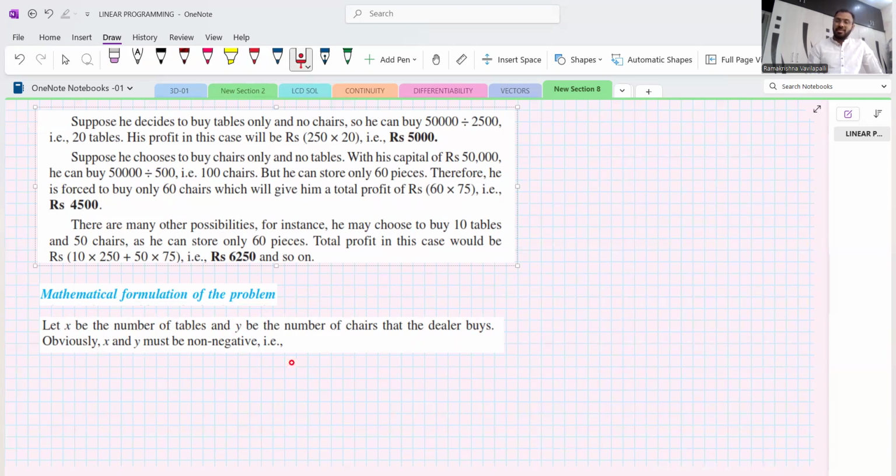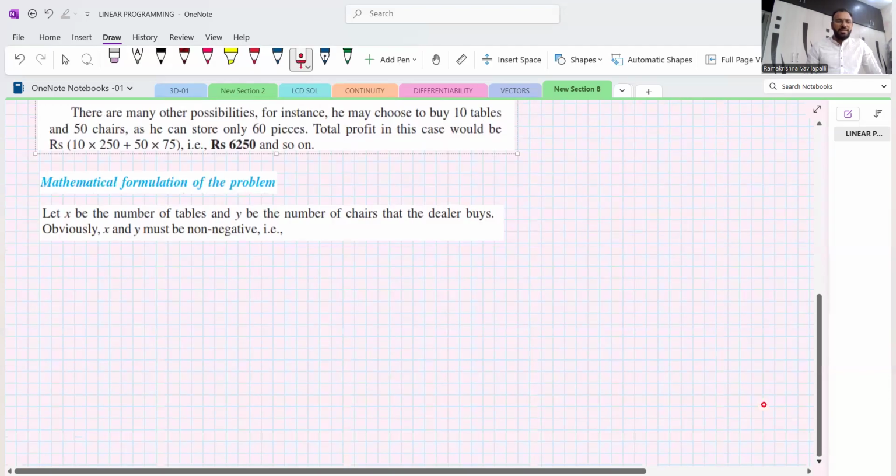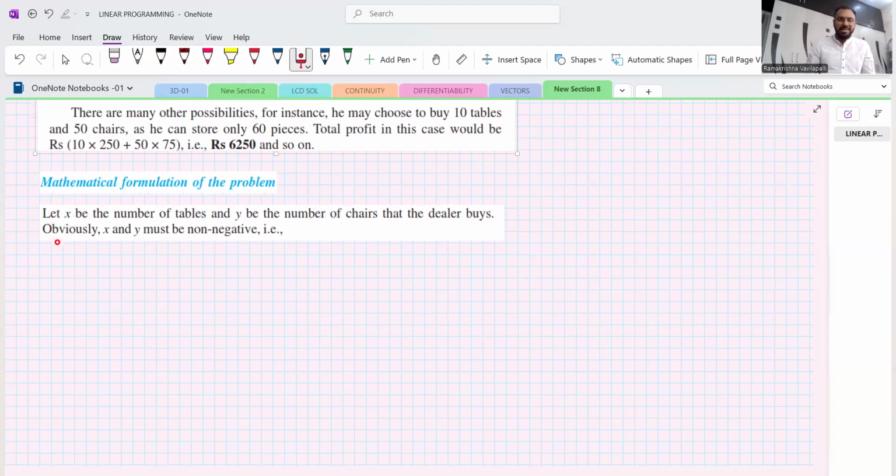Obviously, the number of tables and the number of chairs cannot be negative. They must be non-negative integers. So here I am assuming that he is buying x tables and y chairs. The first one is that x must be greater than or equal to 0 and y greater than or equal to 0.